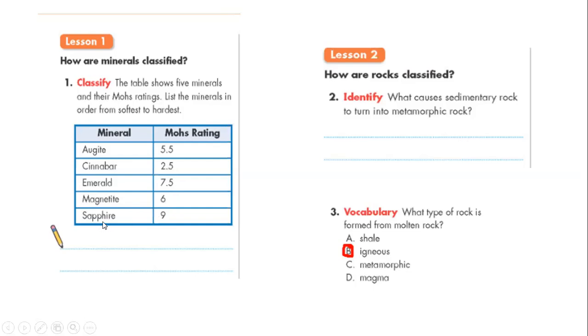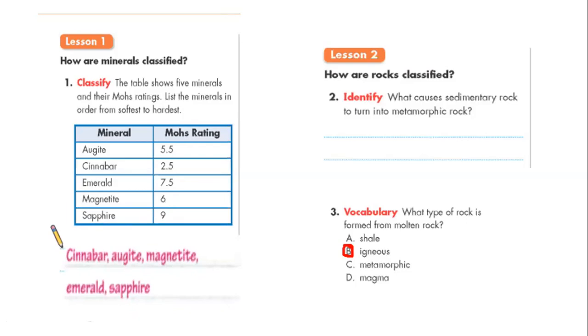Now, all of you write it. Excellent: cinnabar, then iodite, magnetite, emerald, and the hardest, sapphire.